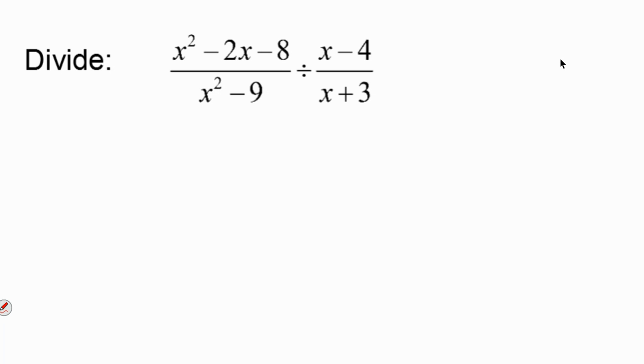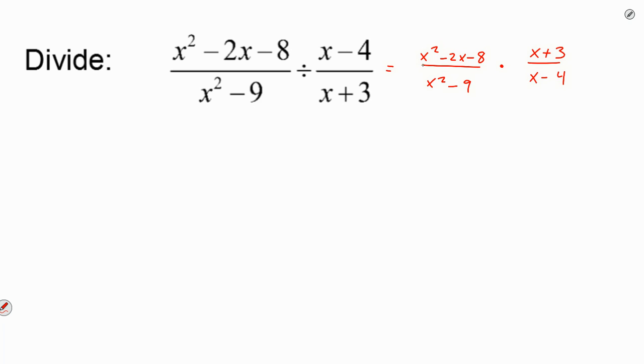So let's get into it. Before I do all of my factoring, I'm going to multiply by the reciprocal, and I'm going to put that over here to save a little bit of space. So 2x minus 8 all over x squared minus 9, times the reciprocal of the second. So we are flipping the second fraction, multiplying by the reciprocal.